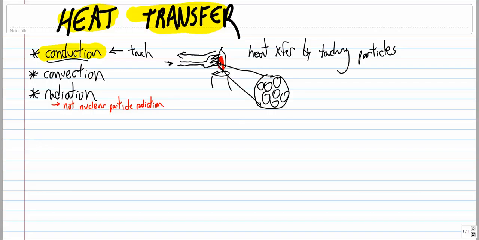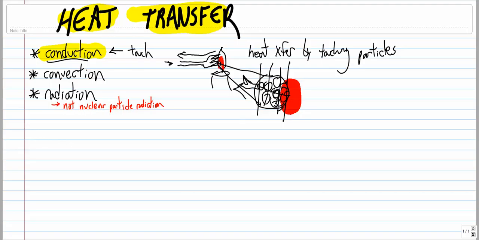And our heat source, the candle, is right over here. So this metal atom right here gets hot, it starts to shake around more, bounce around more, and it bumps into this metal atom. And then it starts to shake around and bounce around more. And everybody in this order, we go from the right toward the left. And what's happening is this heat energy is traveling along from particle to particle through the fork. So that is conduction.